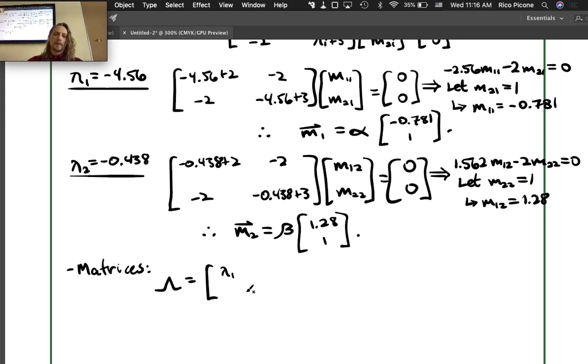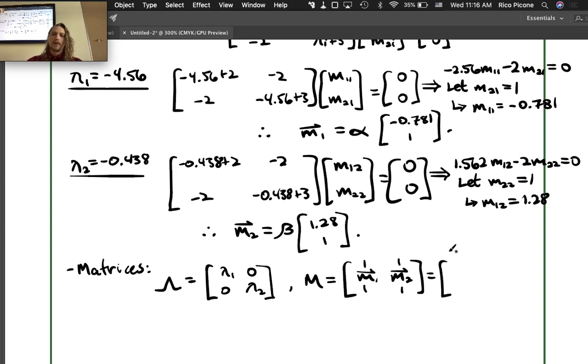I'm just going to write lambda 1 and lambda 2, 0, 0. And we have our modal matrix, which is just M1, M2. I will actually write this one out because that's a little bit more confusing to look at in the notation. So this one is negative 0.781, 1.281.